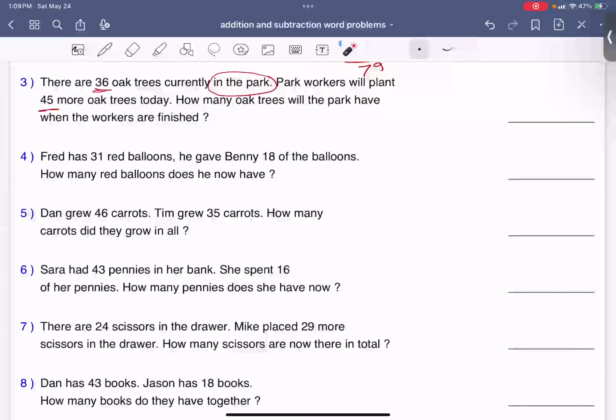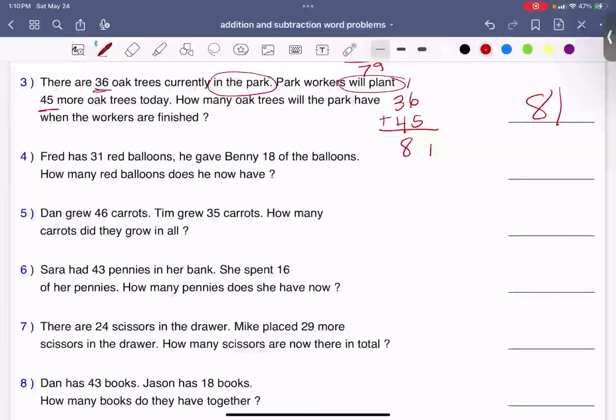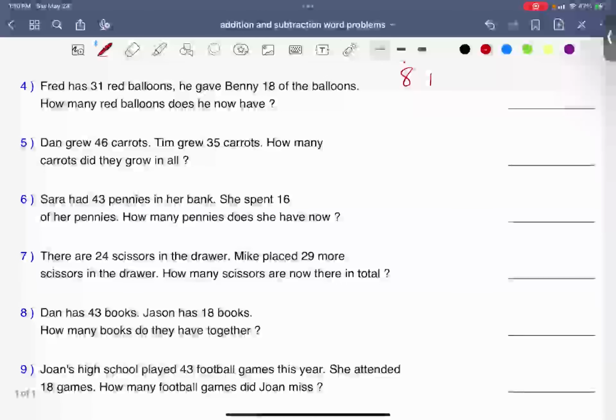Park workers will plant 45 more. So if there are 36 and they plant more, it's going to be having more trees. So that means I'm going to add. So 36 plus 45 equals 81. Let's look at number four.